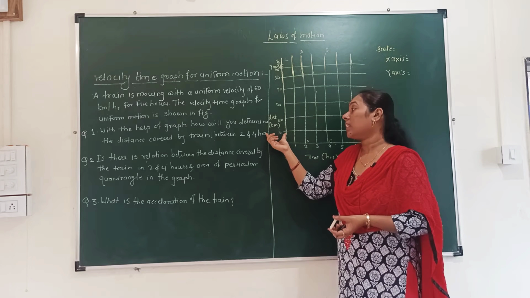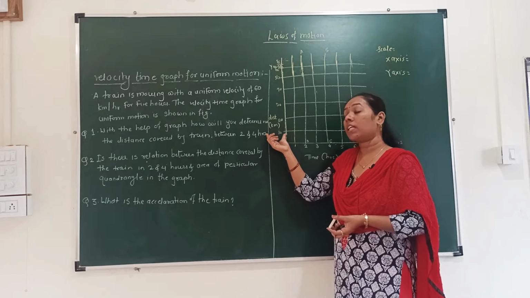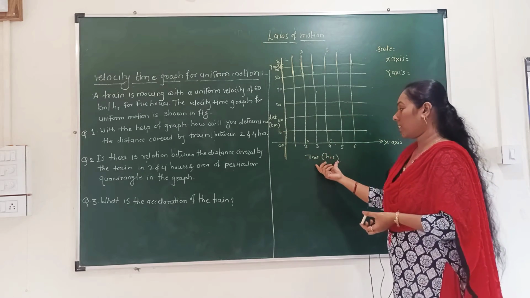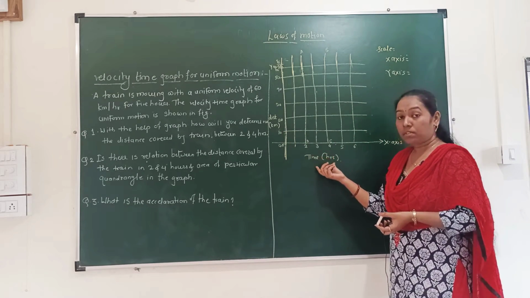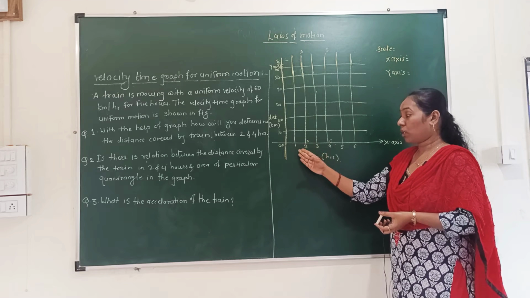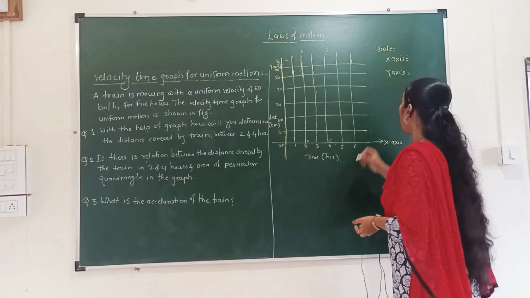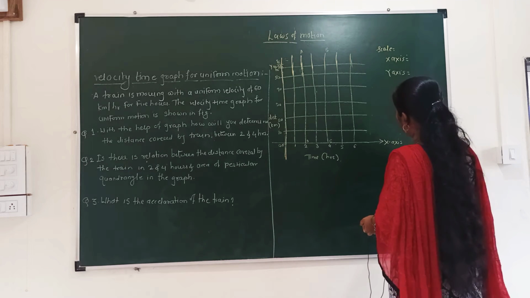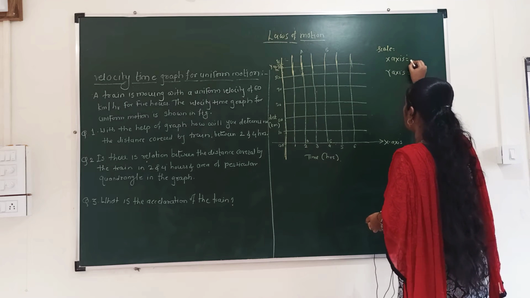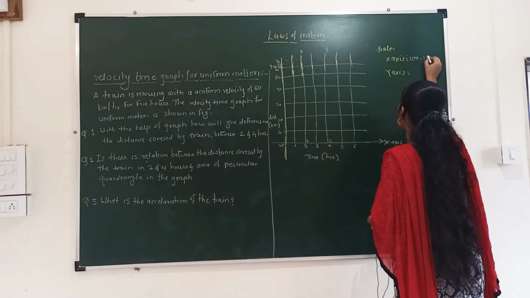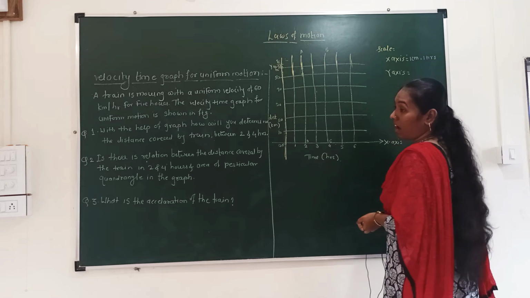On the y-axis, distance is presented in kilometers, and the x-axis shows that the time changes, with 1 centimeter being 1 hour. So here is the scale we can write: x-axis, 1 centimeter is equal to 1 hour.